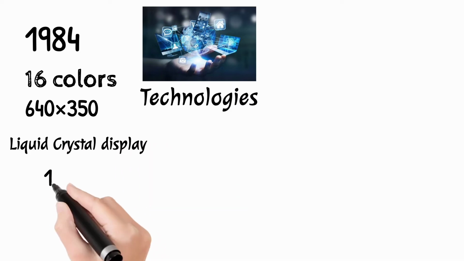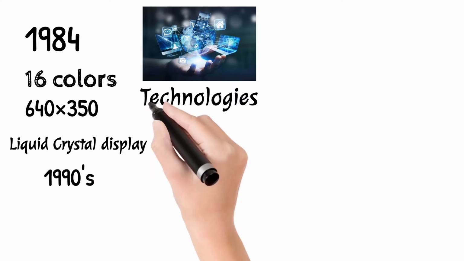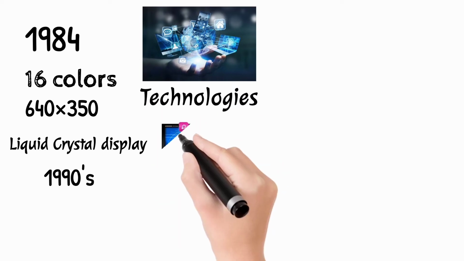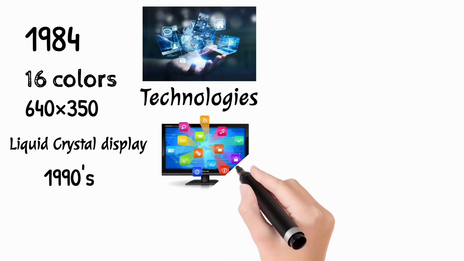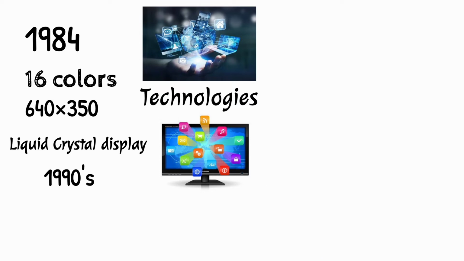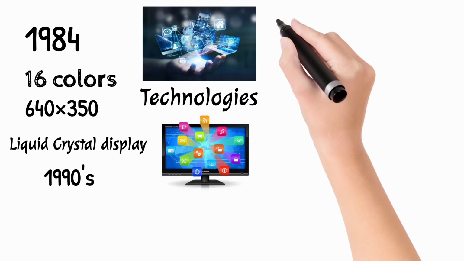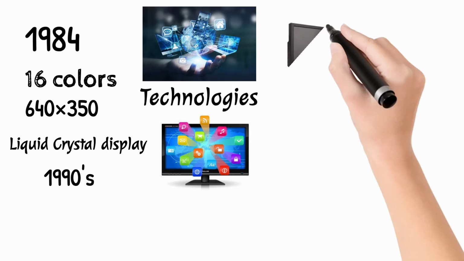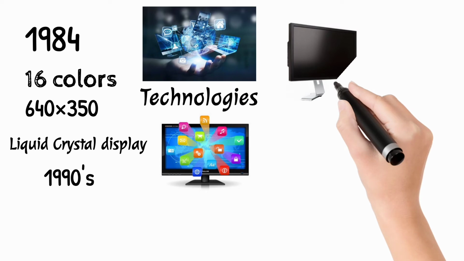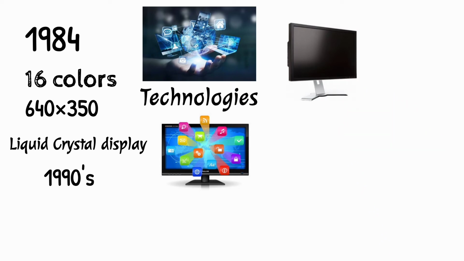Throughout the 1990s, the primary use of LCD technology as computer monitors was in laptops, where the lower power consumption, lighter weight, and smaller physical size of LCDs justified the higher price versus a CRT.